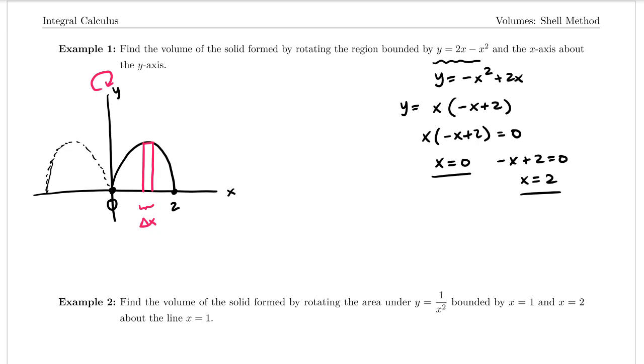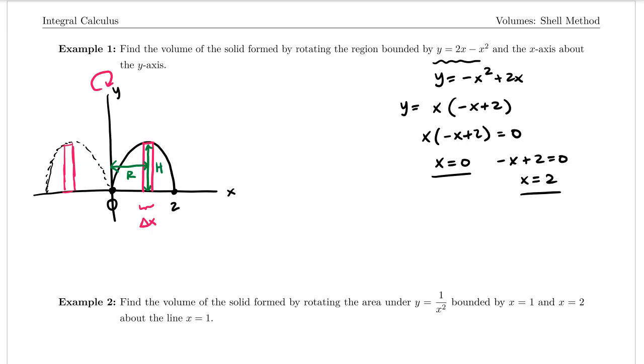If you imagine this shell being revolved around, it creates this rectangle over on this side, and it is a cylindrical shell. I need the distance from the axis of rotation to my shell, which is actually our radius, and I'm going to call it r for radius. I also need the height of my shell, which I'll call capital H for height.